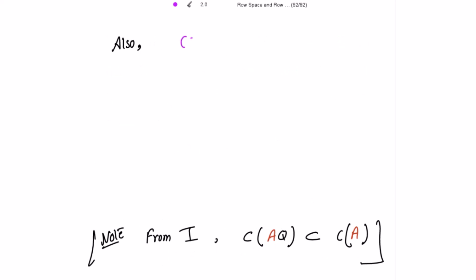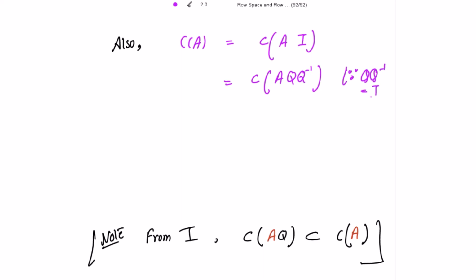Also, the column space of A can be written as the column space of A times the identity matrix, which is further equal to the column space of A times Q Q inverse. Can I write it like this? Yes, because Q times Q inverse is equal to the identity matrix, since Q is non-singular here.